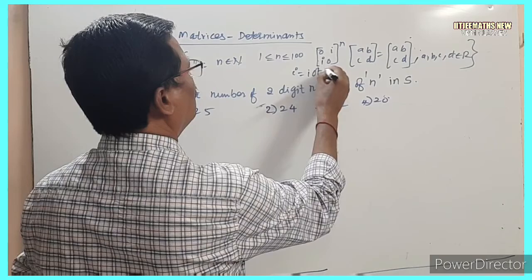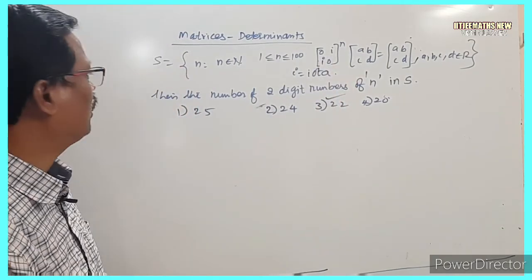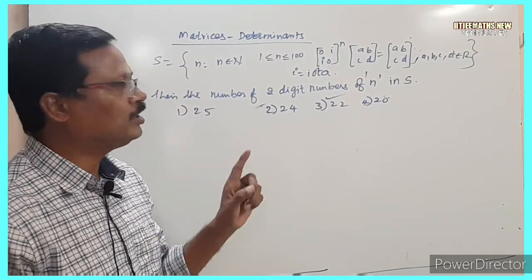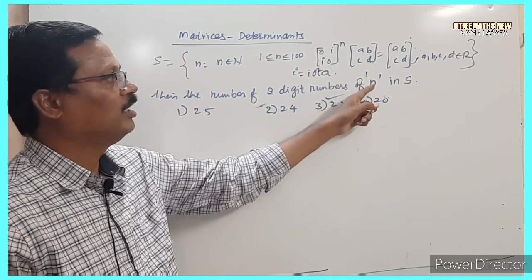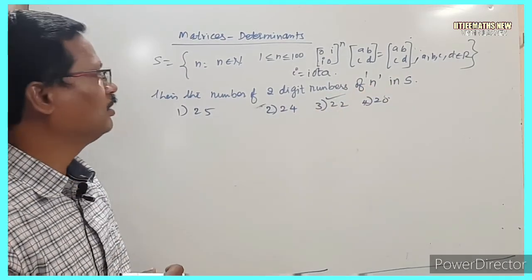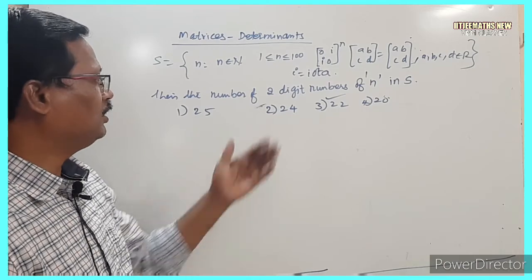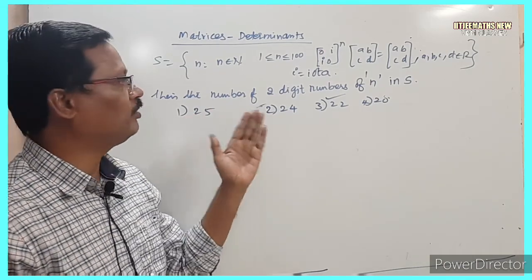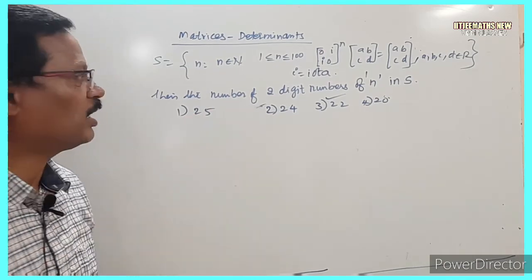Then the number of 2-digit numbers n in the set S, right? The options they given: 25, 24, 22, 20. Which option is correct?